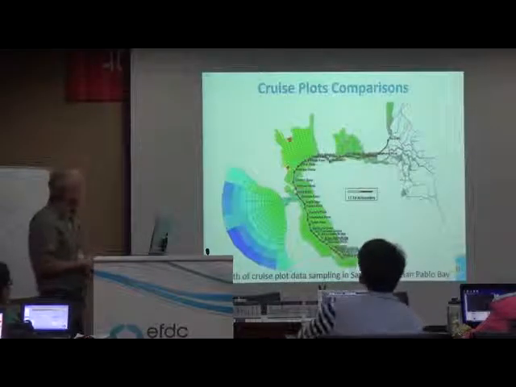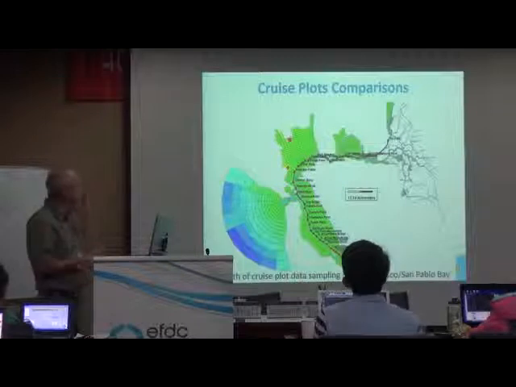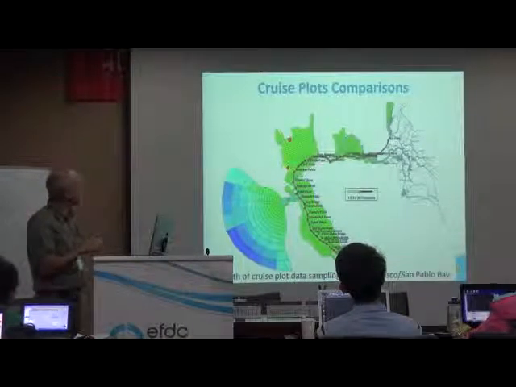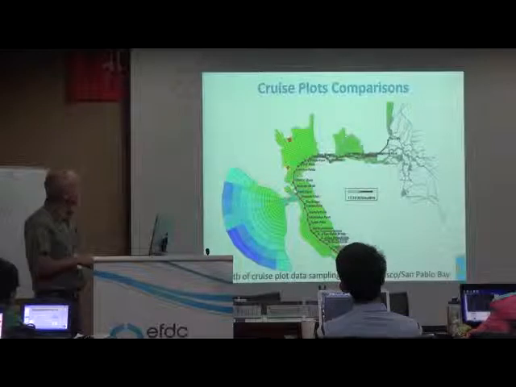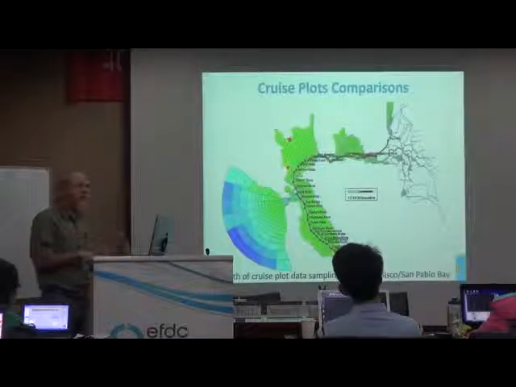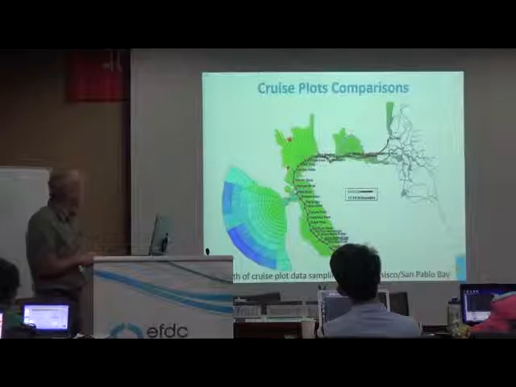So this is a couple of snapshots of some new features. This is an analysis showing the cruise plots. Let's say this is San Francisco Bay, and let's say this is actually a cruise that the USGS performs, I think, twice a week or twice monthly.